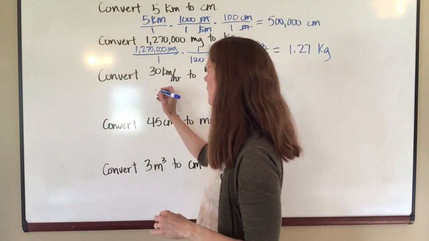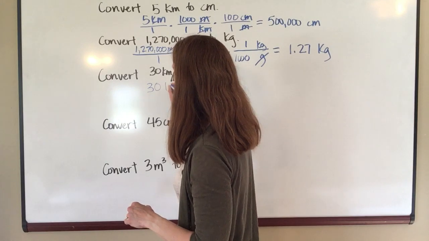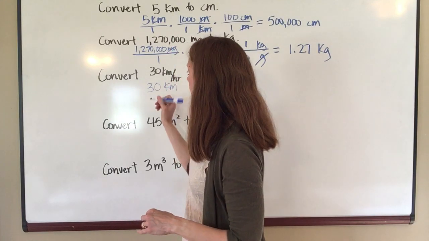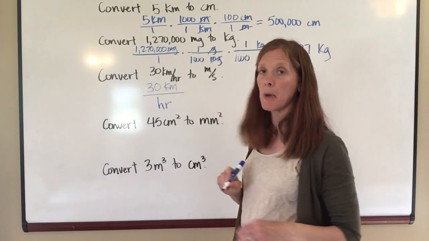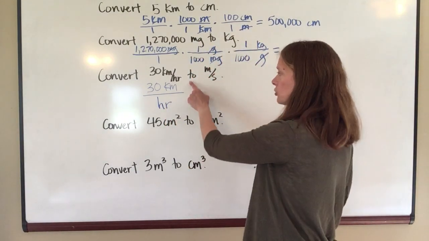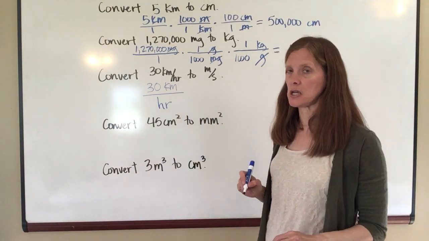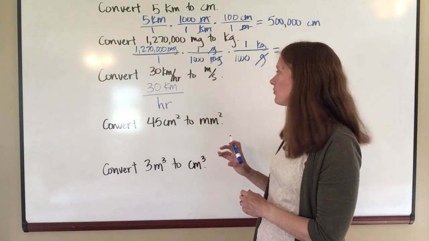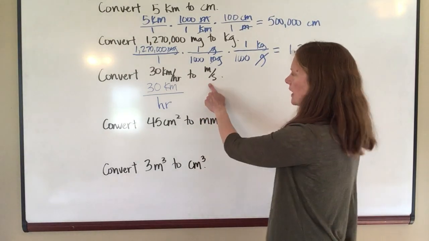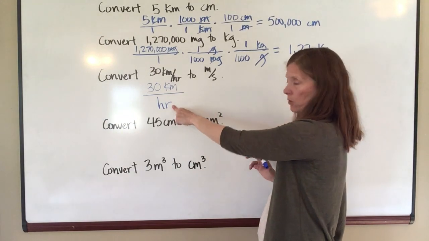So when I write 30 kilometers per hour, I'm going to write 30 kilometers on the top, and I'm going to draw a horizontal line, and I'm going to put hours on the bottom. Okay, so make sure that you write it like this, or you're going to have a lot of difficulty knowing how to arrange your other conversion factors. I'm trying to go to meters per second when I have kilometers per hour.